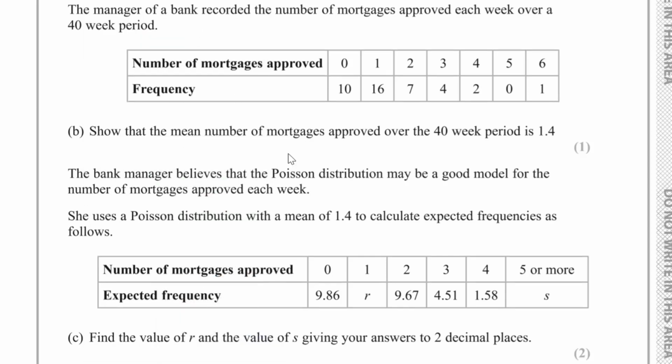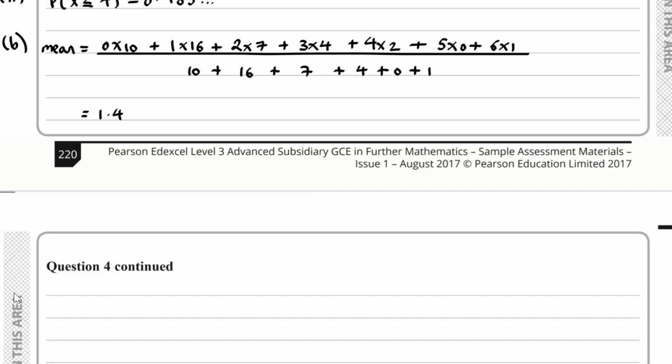We come out with 40. So for part C, the total number of observations, n, that's equal to 40. We have our mean equaling 1.4, and obviously it follows a Poisson distribution.